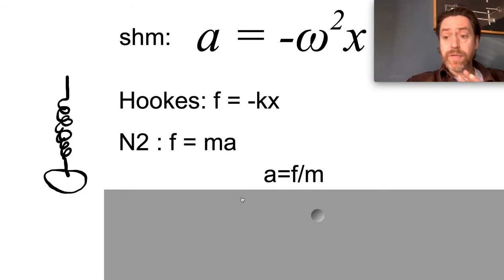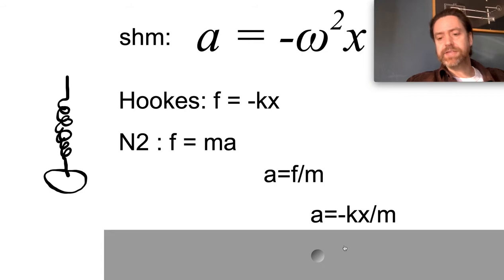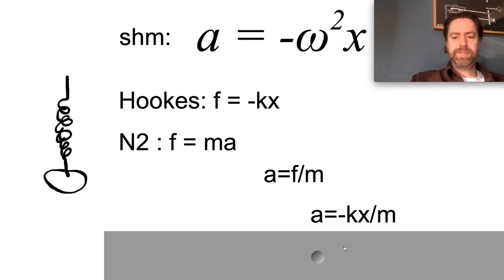But I know from Hooke's law that this F is equal to minus kx, isn't it? So I can substitute that in and I get this. Acceleration is equal to minus kx over m.